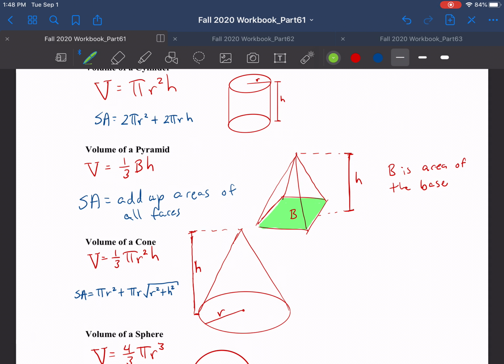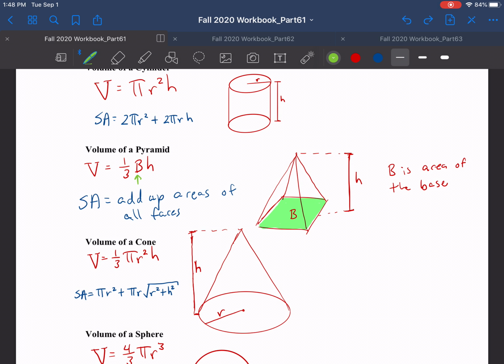Here we have the volume of a pyramid. And for this one, it's pretty simple. It's just 1/3 the area of the base. That capital B is the area of the base, so this whole area down there, times its height. And this is going to be true for all of our pyramids, not just these square-based pyramids, but all of them.